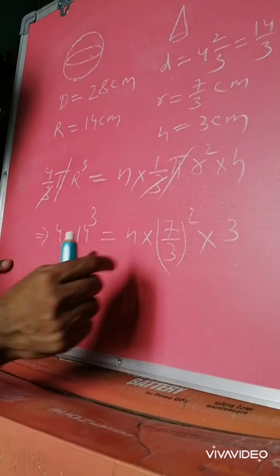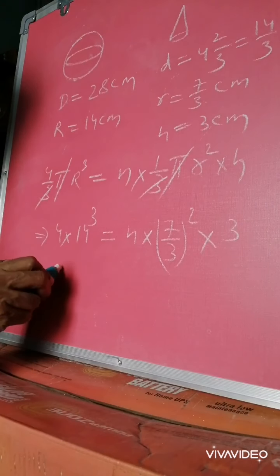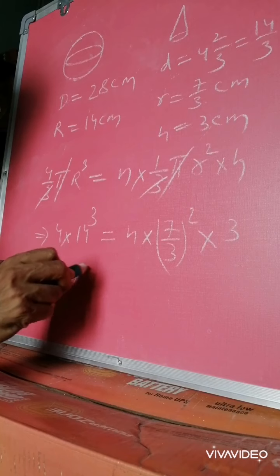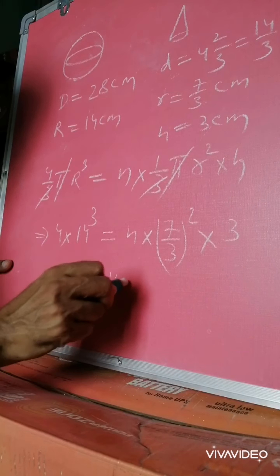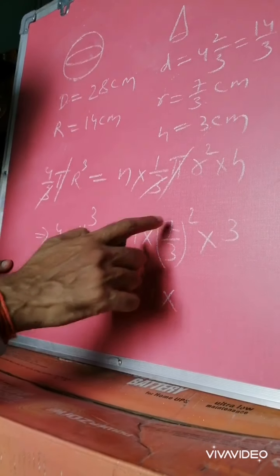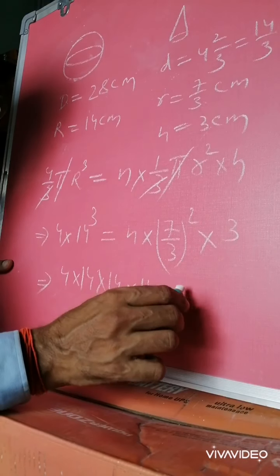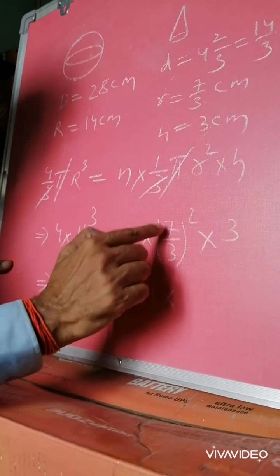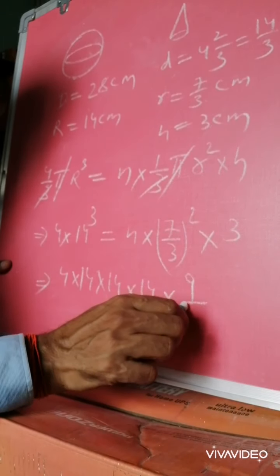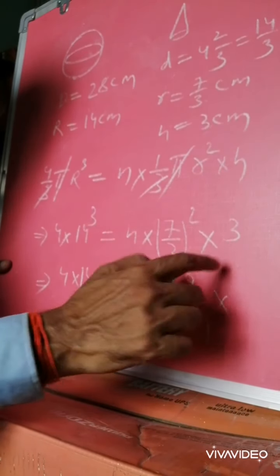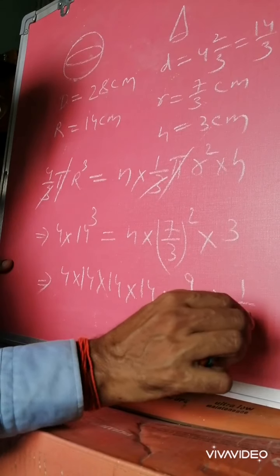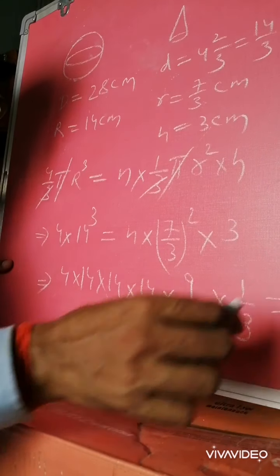Now bring these numbers to the left side, that is 4 into 14 into 14 into 14, divided by 7 by 3 whole square, which comes to the left side as the reciprocal, 3 square 9 and 7 square 49, 9 by 49, and the 3 when it comes to the left side, 1 by 3, is equal to n.